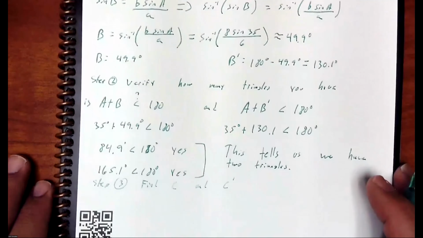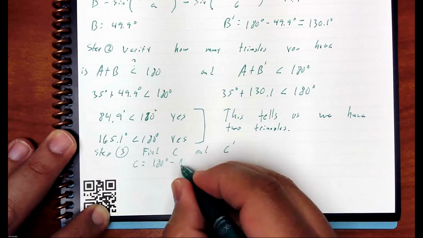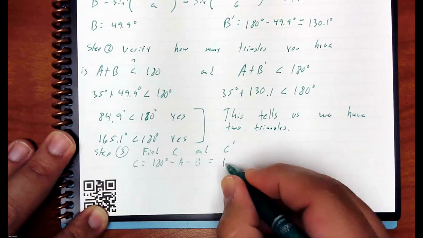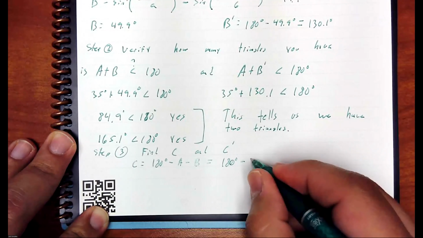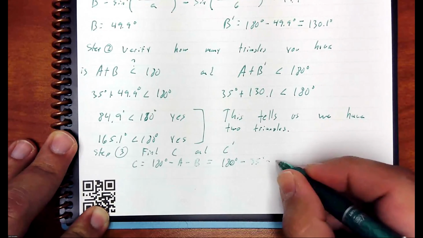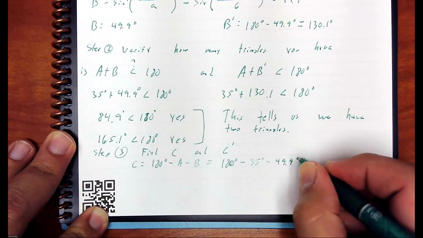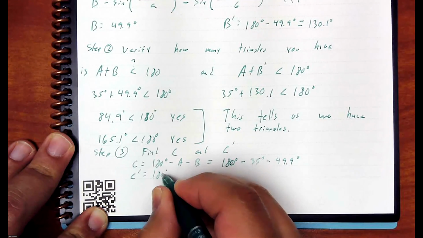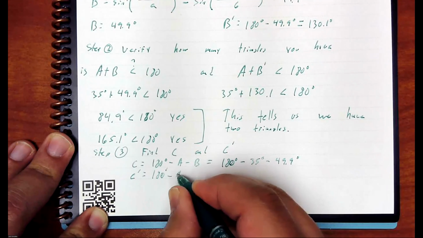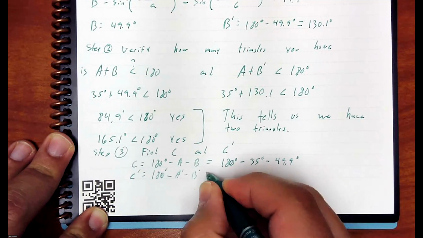So C will simply be 180 minus A minus B, which is equal to 180 minus 35 minus 49.9. C prime will be the same thing, just use the other ones, minus A and B prime.